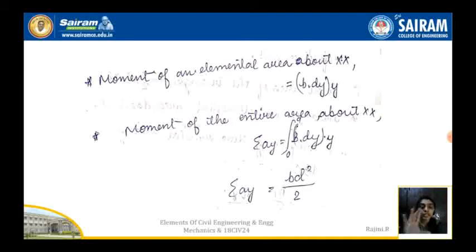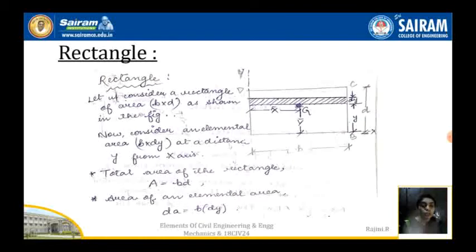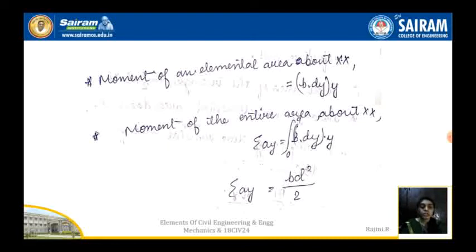Now the moment of the entire area, that is, the full area about xx. So I'm taking summation of ay, which is equal to integration. You have to start the integration from 0 to the full length. What is the depth of the rectangle? We have taken d, right? So the integration will be 0 to d, that is, minimum to maximum.